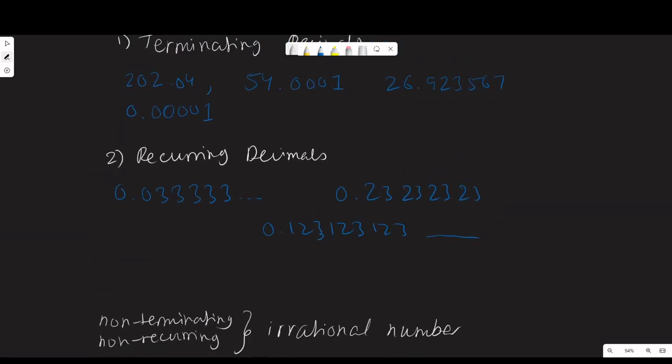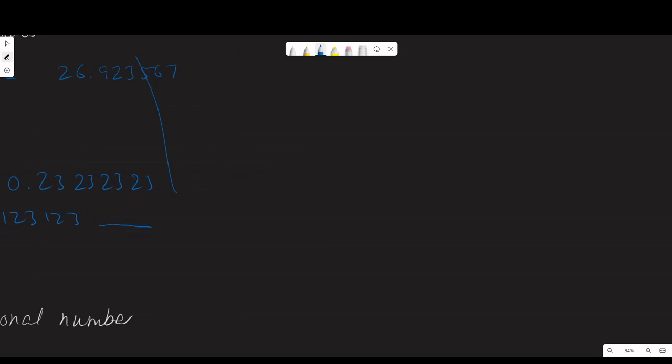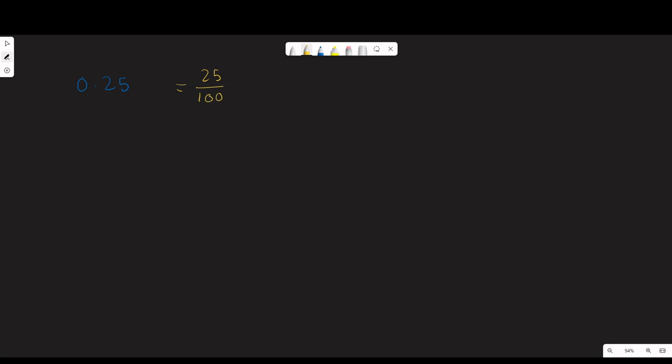Now, let me give you examples of what I've just discussed. We discuss this number, 0.25. This is a rational number, and it is equal to 25 over 100.